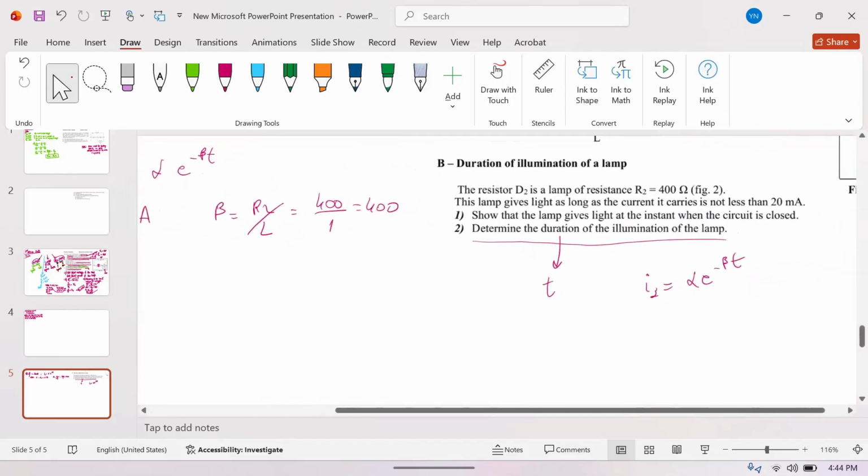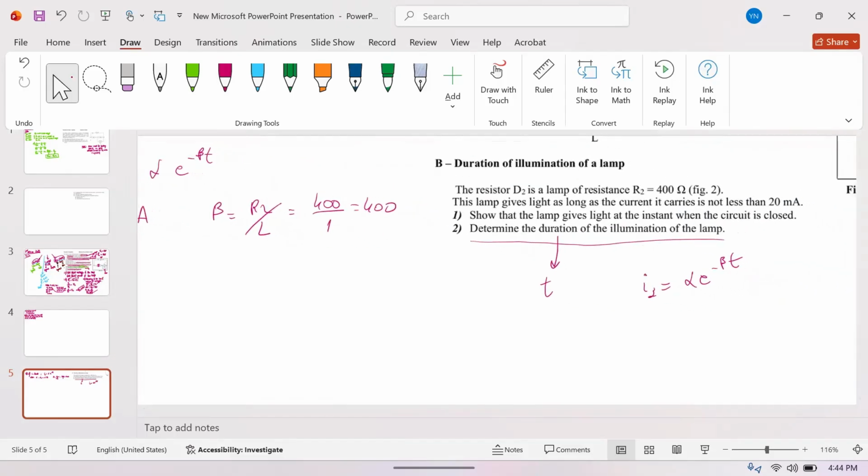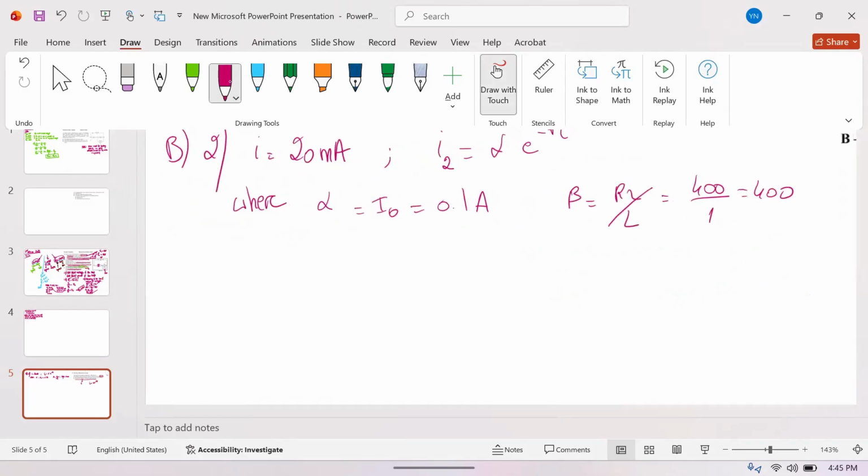The current that we actually have to replace is the current that the lamp needs to illuminate, which is 20 milliamperes. So this is the value we're looking for. So as simple as it is, we write I2 equals alpha, which is 0.1, e to the minus beta, which is 400, t.